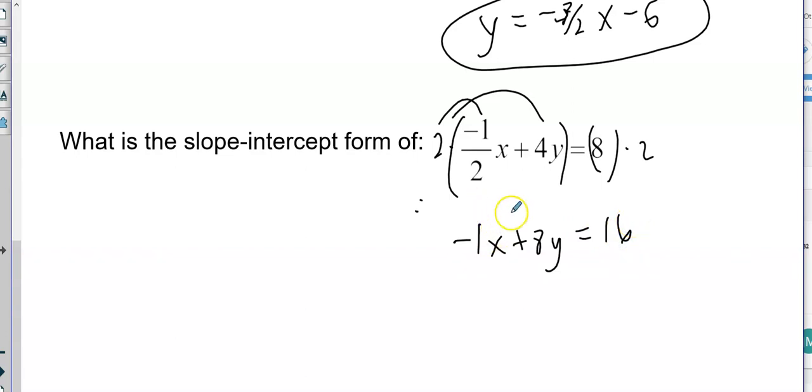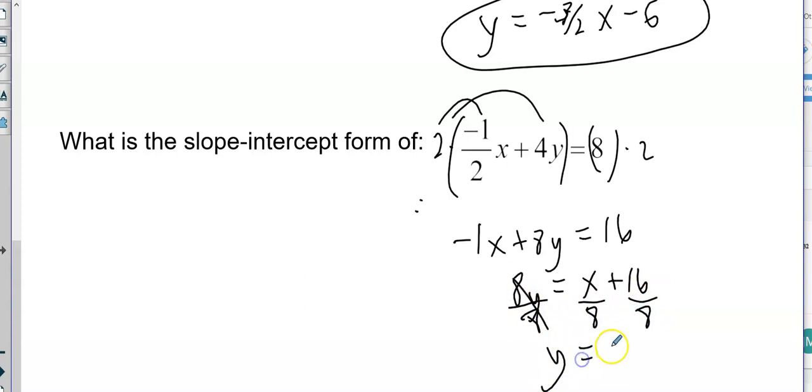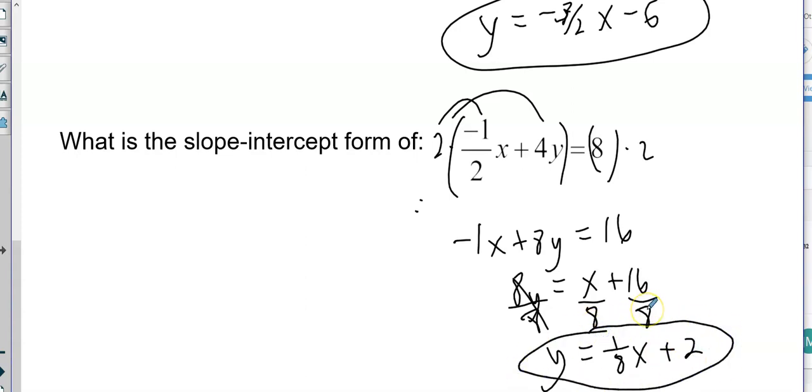And here we get (16/2). And so we have slope-intercept form for that one as well.